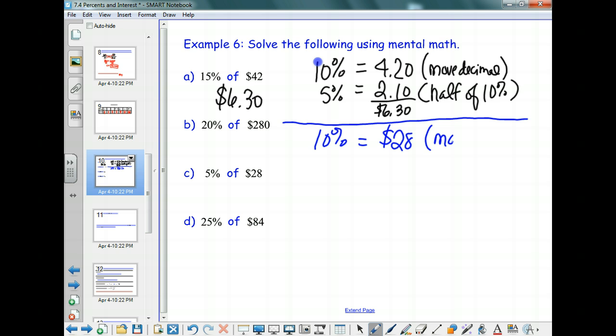And again, you did that by moving a decimal. Okay, and then what would you do? Sure, you can multiply by 2 if you'd like. So then we're going to double it. And what are we going to get? 56. That's right.